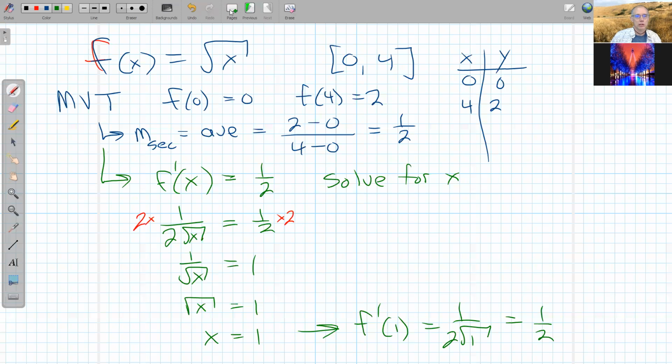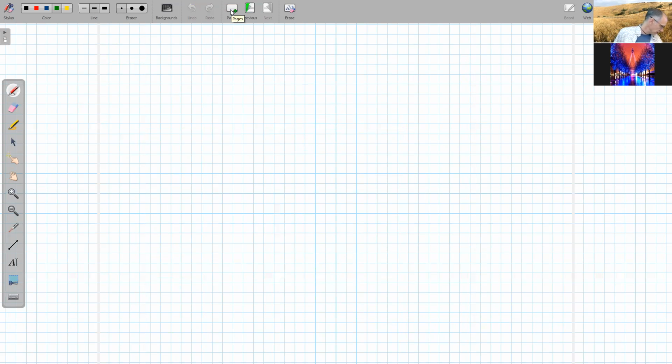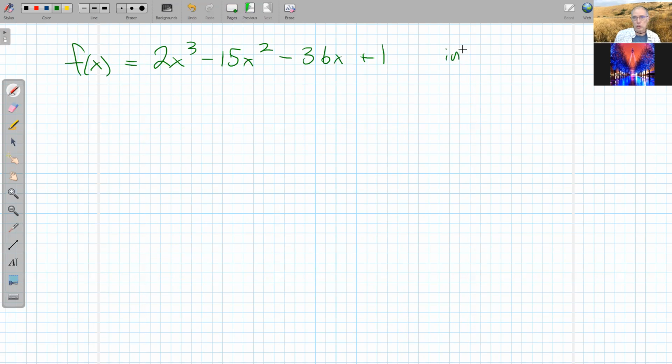All right, let's try another example. Back here, new page. This one right here is a little bit more work. So we're going to take a polynomial, f of x equals 2x cubed minus 15x squared minus 36x plus 1, and the interval is going to be from -4 to 8.